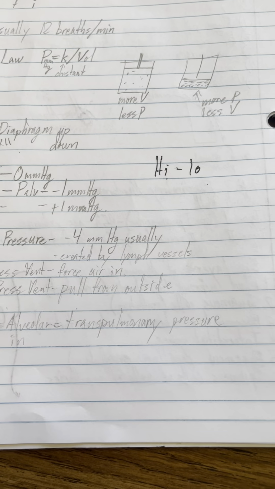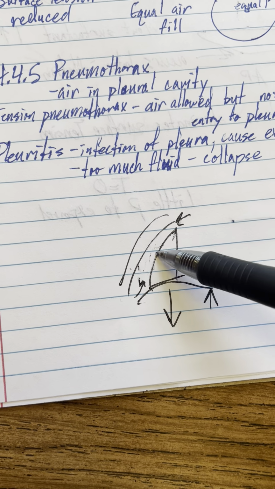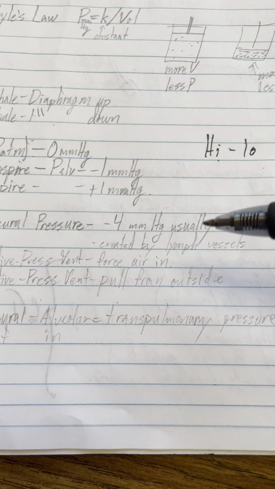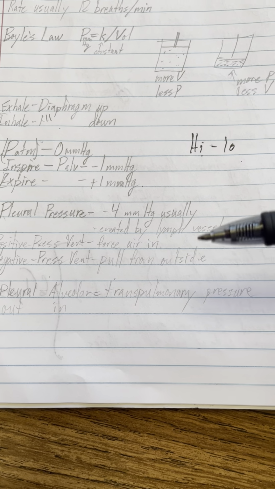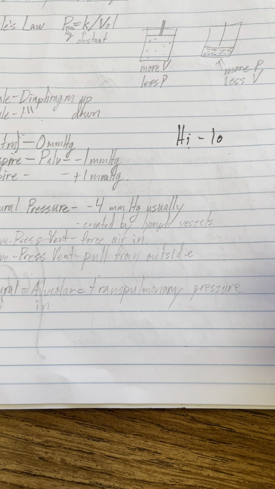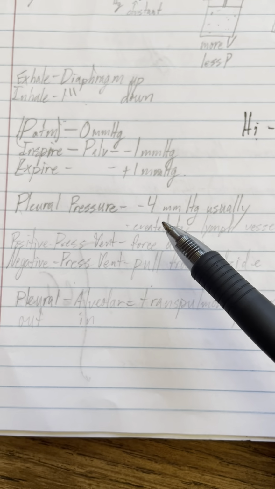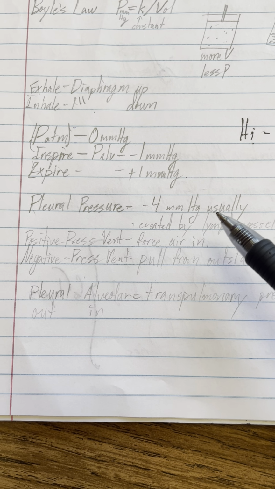Pleural pressure, that's kind of that vacuum effect I discussed within this pleural cavity. That is created by lymph vessels. So lymphatic vessels are pulling fluid out of this, or serous fluid out of the pleural cavity, and that creates a -4 millimeters of mercury pressure.